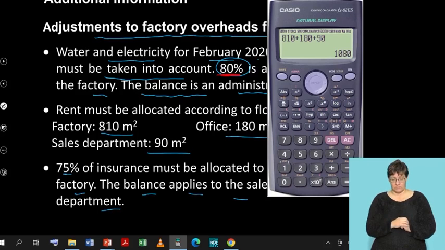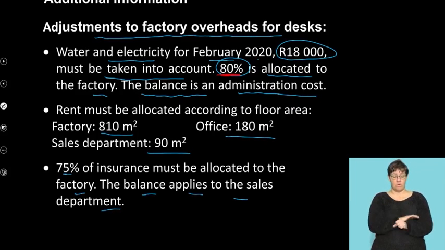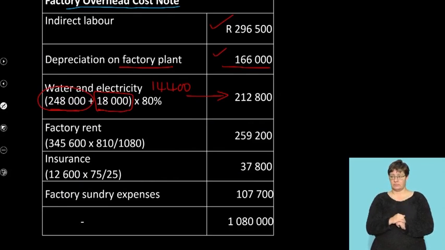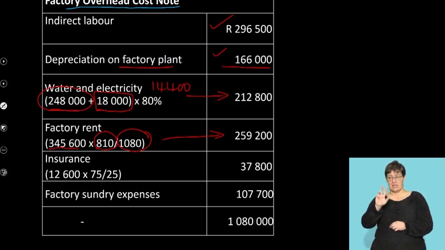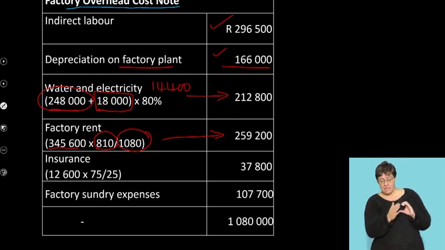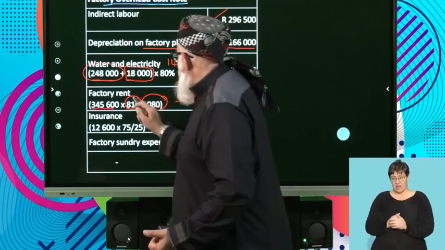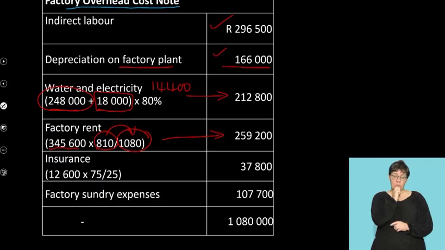So what do we do now? You take the full amount that you have here, 345,600 times 810 over 1080, and that will give you your 259,200. You take the rent amount and you find out what square meterage was used by the factory over the total. And that's important. Watch. It's 810 used by the factory out of a total of 1080. That gave me the 259,200.